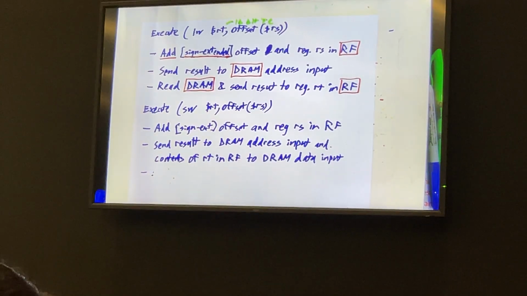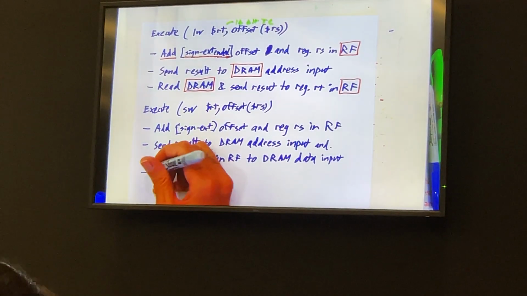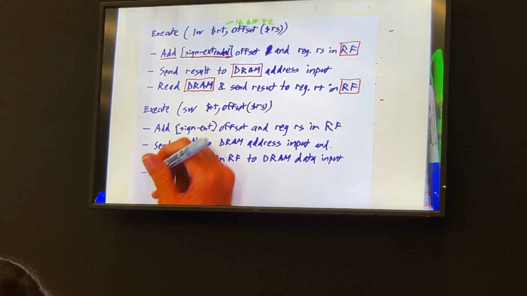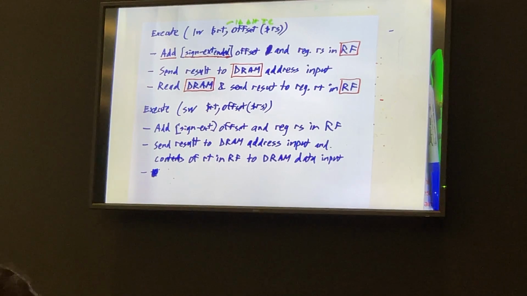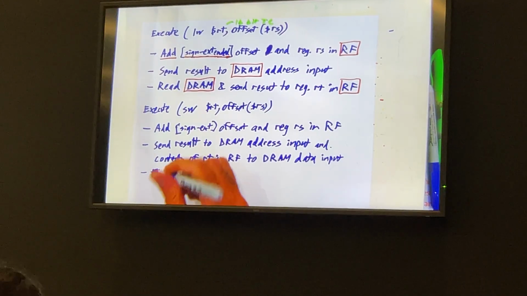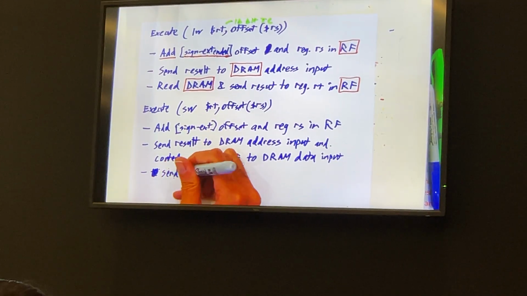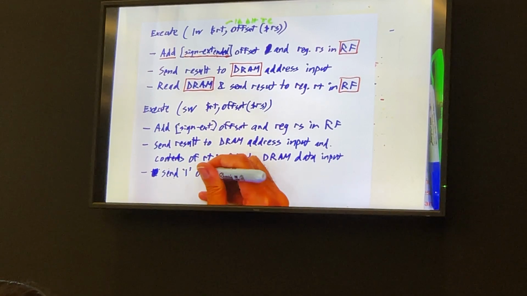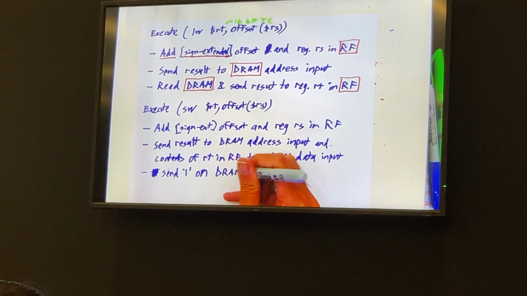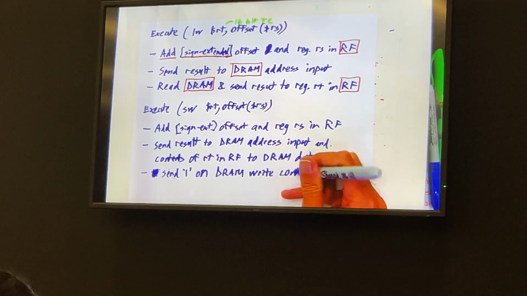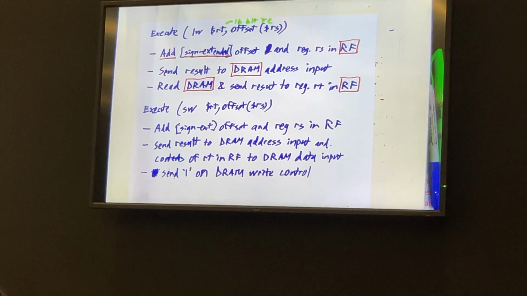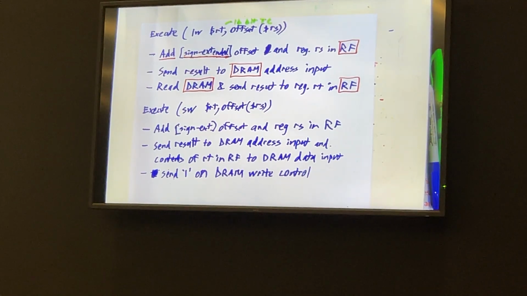I told you we're going to do data path and then control path, but I'm going to cheat a little and I'm going to do both. Instead of writing that, I'll just say send one on DRAM write control. I mean, strictly speaking, this is not data path, this is control path.